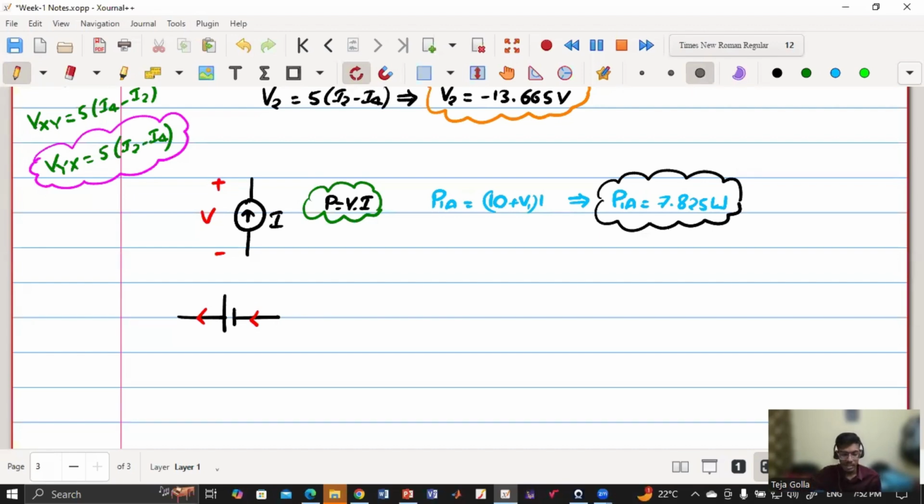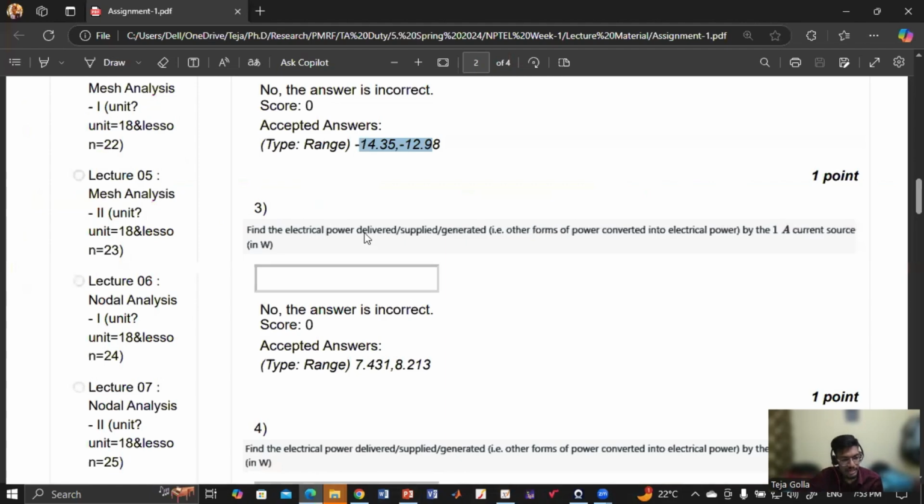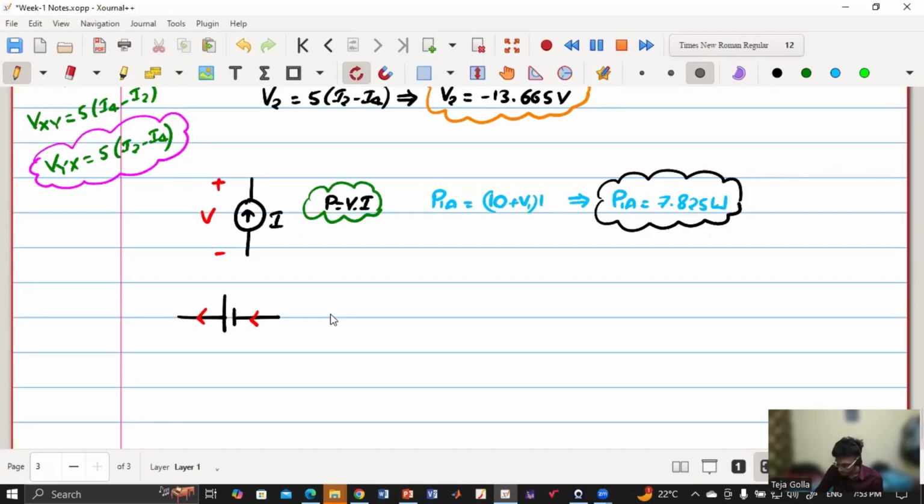So the question will arise whether it is consuming power or delivering power. But they have asked delivered or supplied or generated, which means it is delivering power. A voltage source generates power when it is supplying current. Similarly, when does a current source generate power?